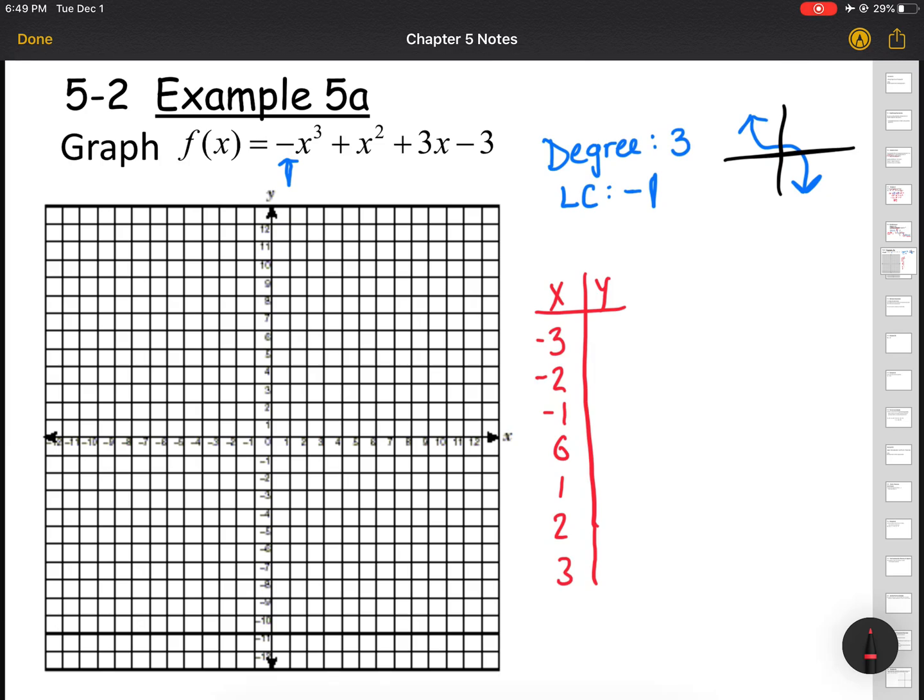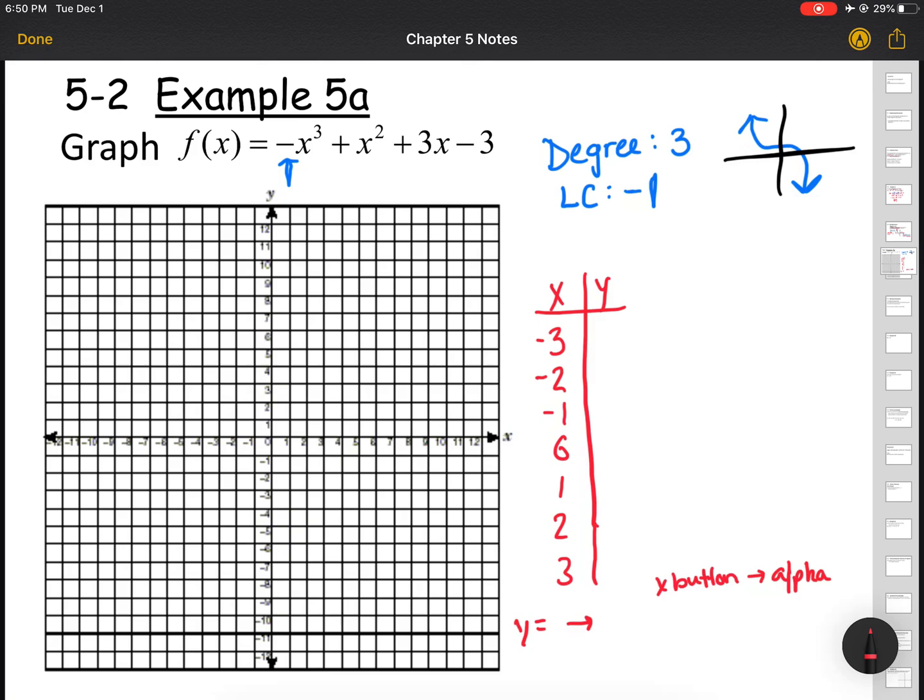On the calculator here, you hit y equals and then type in your polynomial function. The X button is next to alpha, if you need to know that.